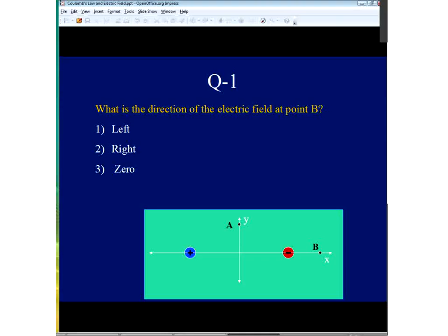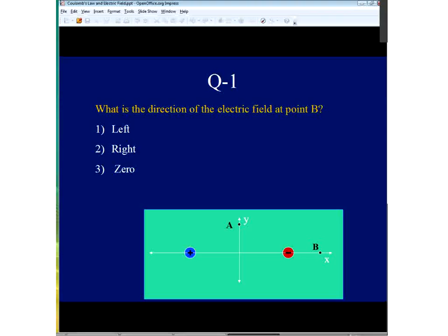When there are multiple charges, how does one find the net field at a particular point? Electric field is force vector upon charge. Since force is a vector, electric field is also a vector. So you need to add the two vectors, E1 vector plus E2 vector, due to the positive and negative charges, to find the resultant field.